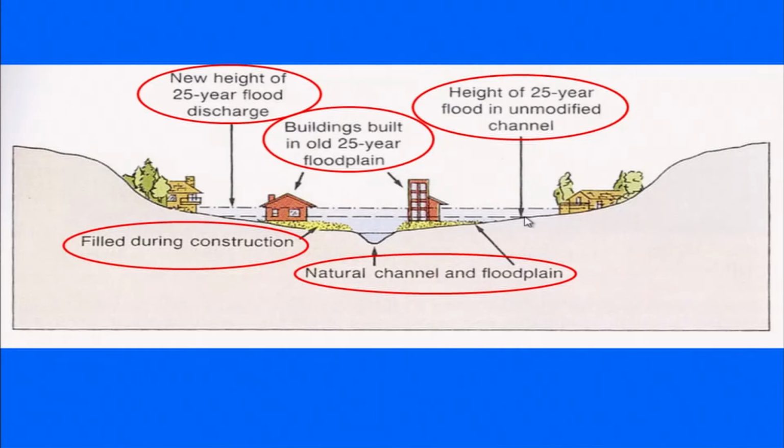This used to come up to here, but after filling for the construction and occupying the area, now this is the height of the flood. So, this is the new height. This is what is happening in most of the urbanized centers: because of occupying the floodplains, you have increased the height of the flood discharge.